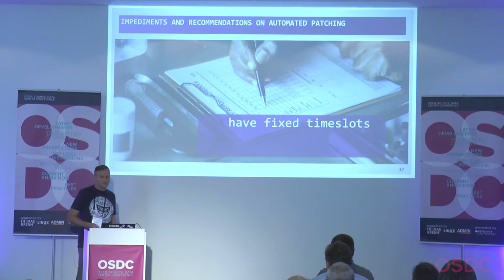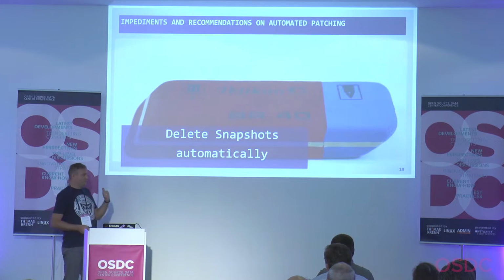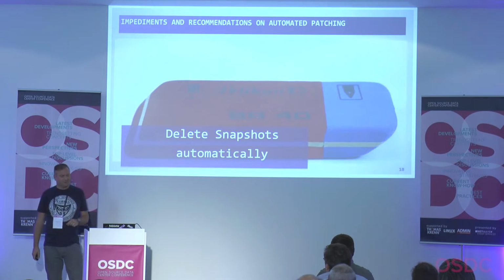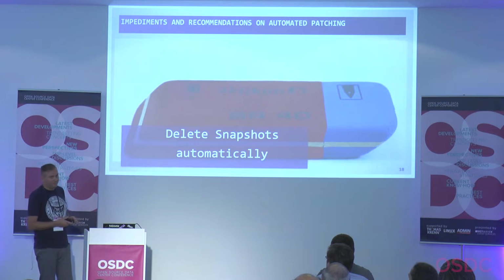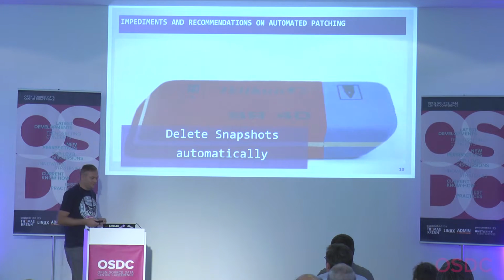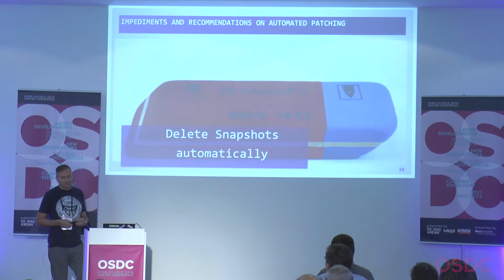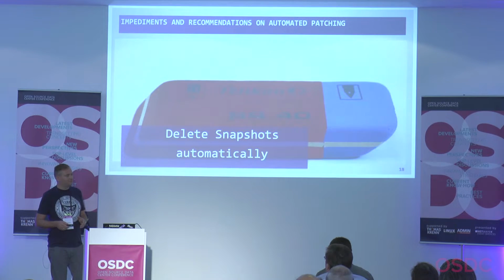Things we found out for our environment was, for example, that the deletion of the snapshots, like Andy already said, is important, because they pile up, and maybe also one of the other guys creates a snapshot for some reason, and then it's not clear which is what stage and whatever. So we do it like this, that when we are finished with our patching, we just remove it. If everything is fine, nobody needs the snapshot anymore, so go away.